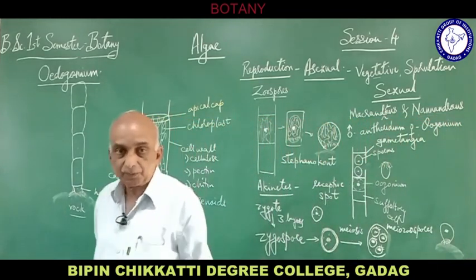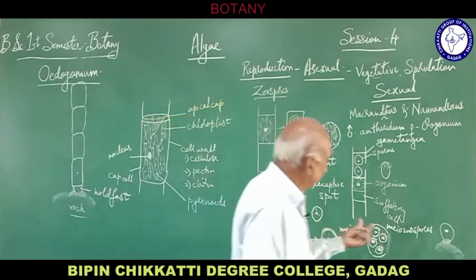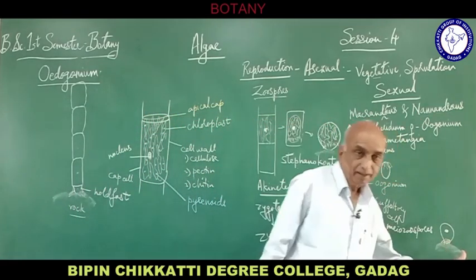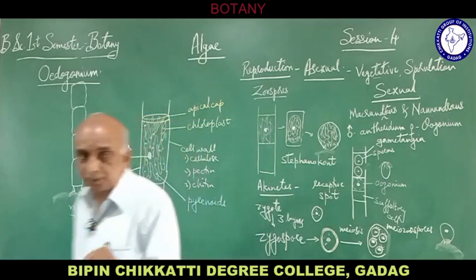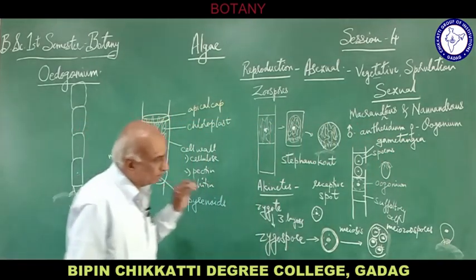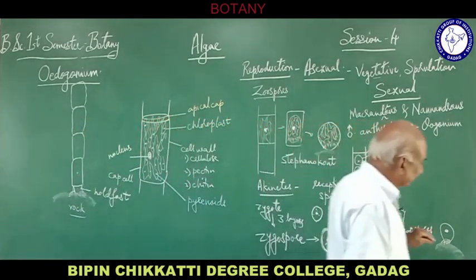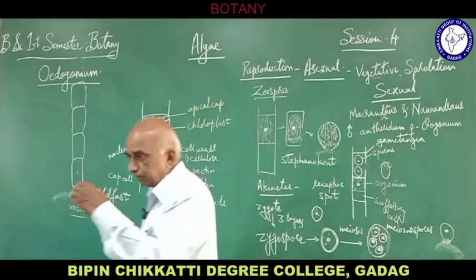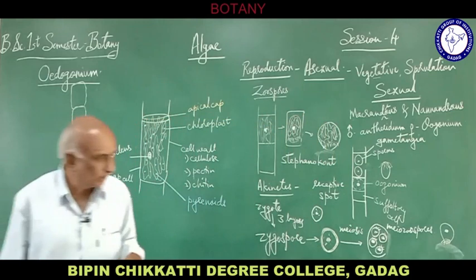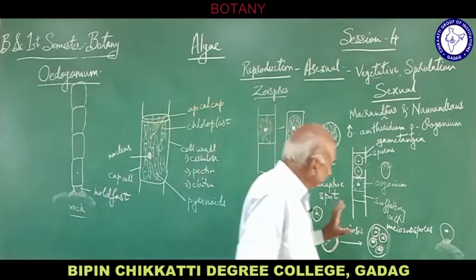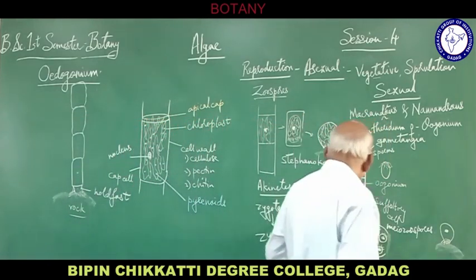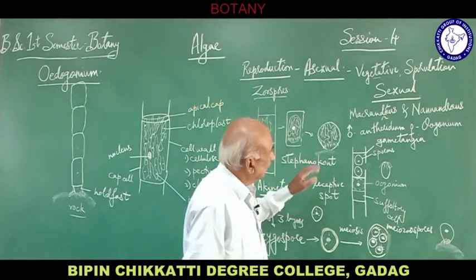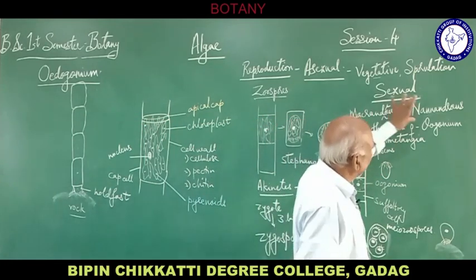Here also they have many flagella. These meiospores attach to any hard substratum, and then the cell starts dividing and develops into a new filament. That is how sexual reproduction takes place in macrandrous and nannandrous species.